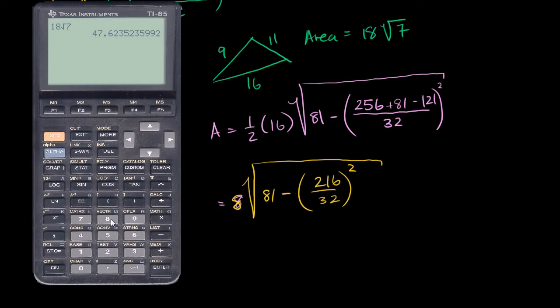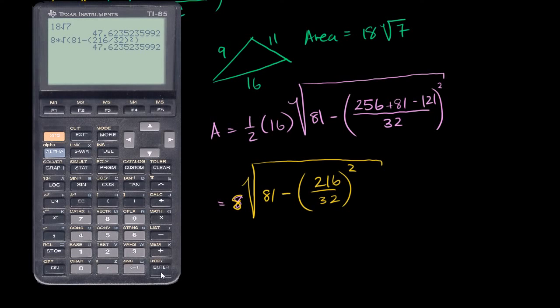So we have 8 times the square root of 81 minus 216 divided by 32, squared. And then we close our square roots.